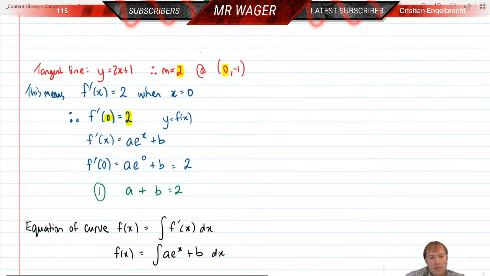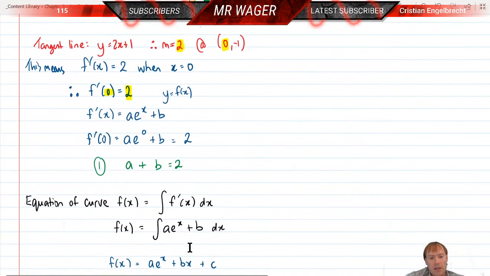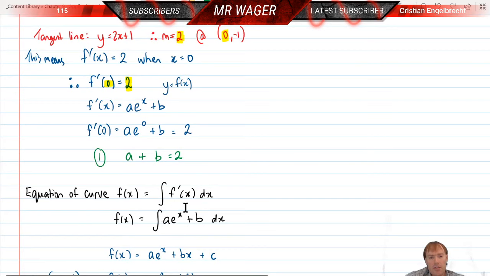You're like, well, that's just doing the antiderivative, which is exactly what it is. So here we go. If we take the antiderivative of f dash of x, because e to the x is such a simple function, we know that the antiderivative of e to the x is just e to the x. There's no coefficient in front of the power there. The antiderivative would be as if you took the a out the front of the integral.